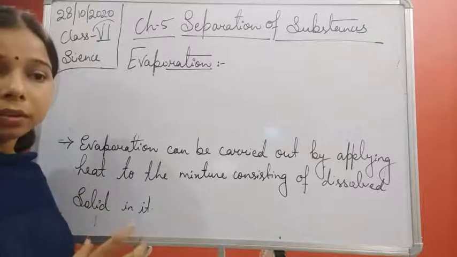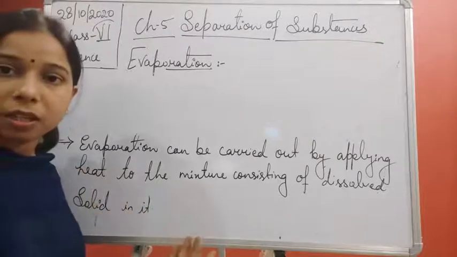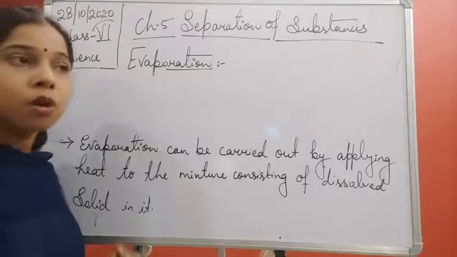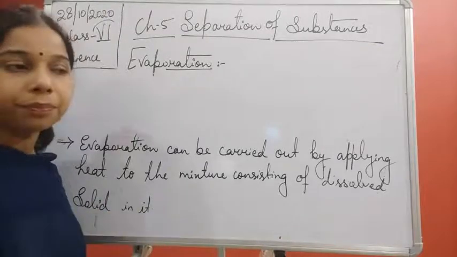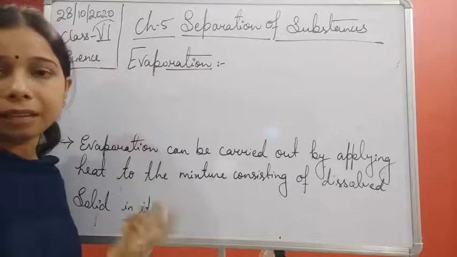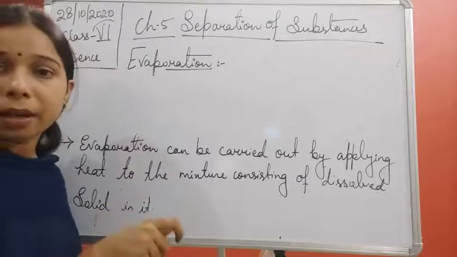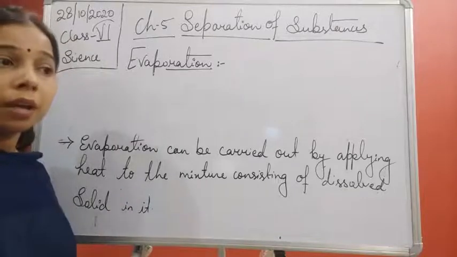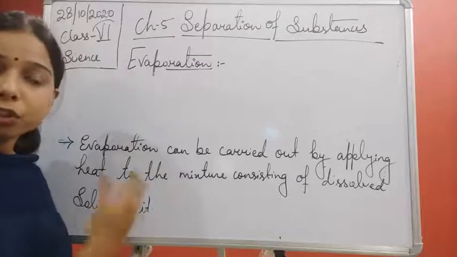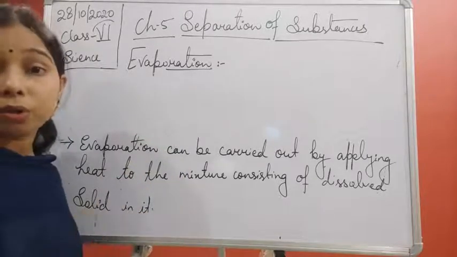The water will start evaporating after some time. Applying heat on it will help in evaporation of the water. As she increases the heat and increases the flame, the evaporation process will also increase. Okay, means the conversion of the water into water vapor will also increase.